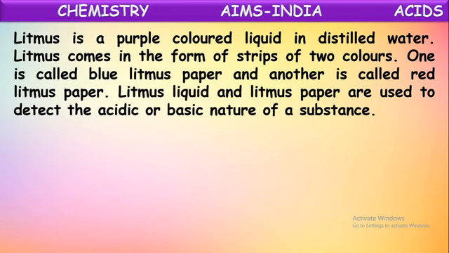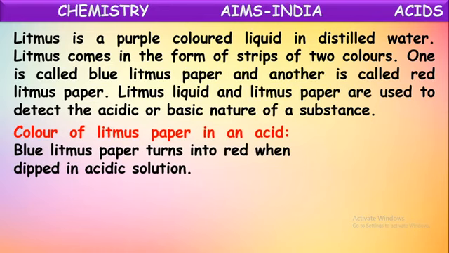One is blue color litmus, and the other one is red color litmus. Now with these different colored litmus papers, we can test acids and bases. Litmus liquid and litmus paper are used to detect the acidic and basic natures of substances.